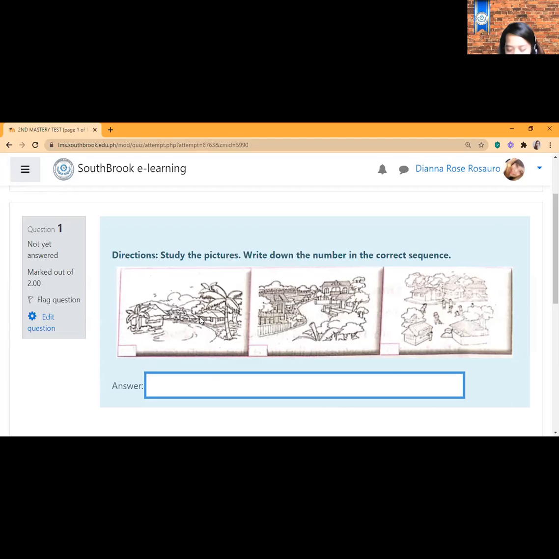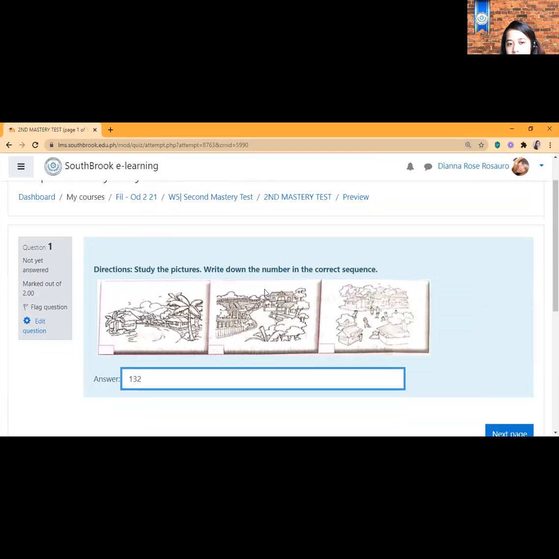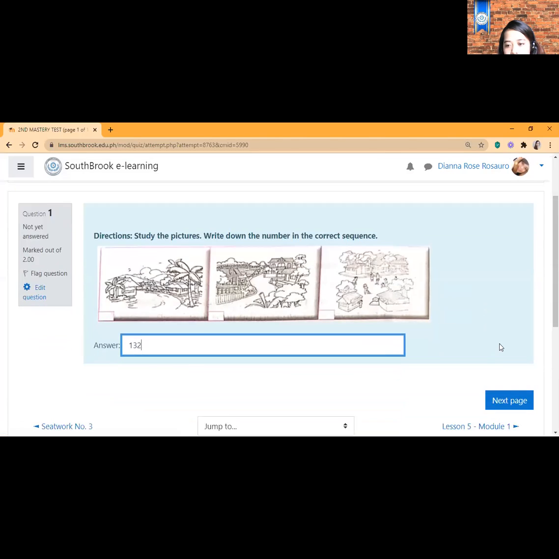So start from one, and then the second picture shows the modern houses or modern buildings. So you number it 3, and the last one shows the middle sequence of the picture here. So you just have to type it in, 1 as the oldest and 3 as the modern one.